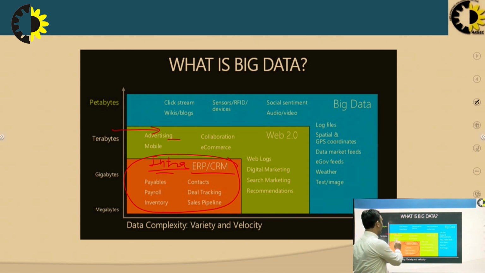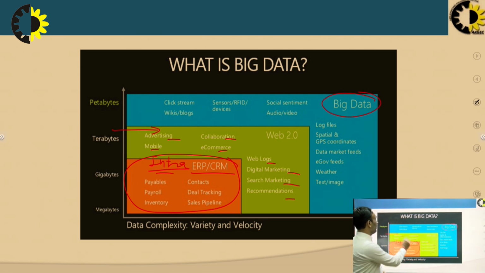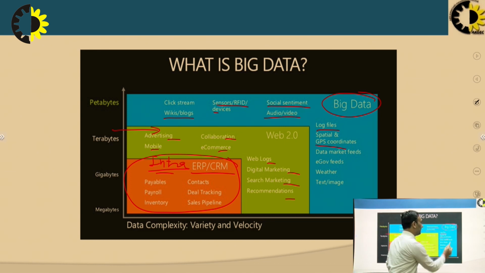Advertising, mobile, collaboration, e-commerce, weblogs, digital marketing, search marketing, recommendations, etc. After that, which types of data come under the category of big data? Wiki blogs, sensors, devices, social sentiments, audio, video, log files, and GPRS also come into the category of big data because it is a very large size of data that is accessed by millions of users.